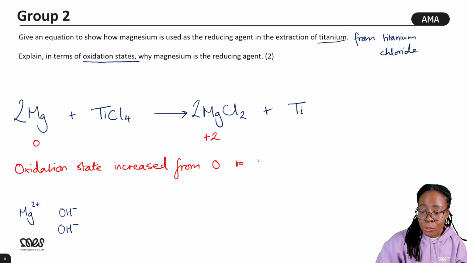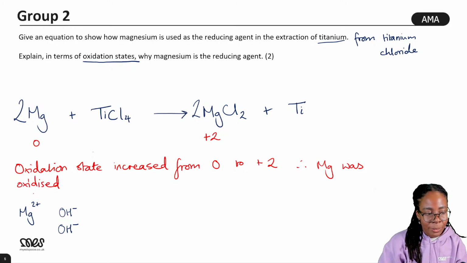Okay, from 0 to +2. Therefore, Mg was oxidized. Okay, so magnesium is the reducing agent because it was oxidized itself.